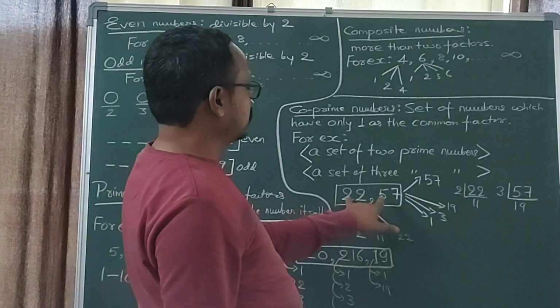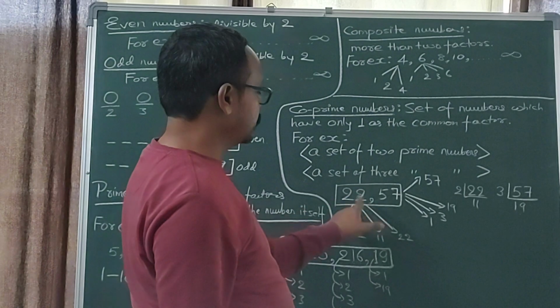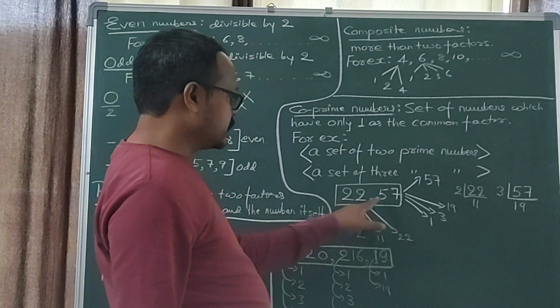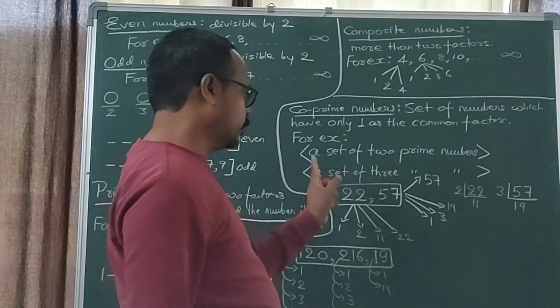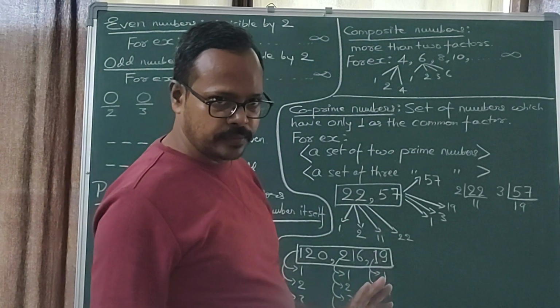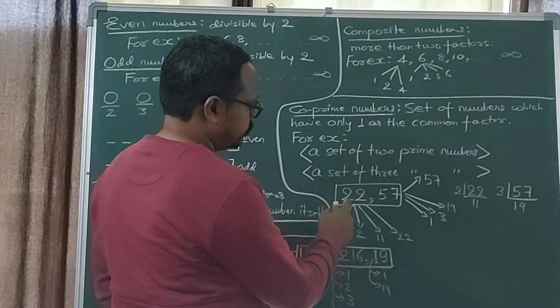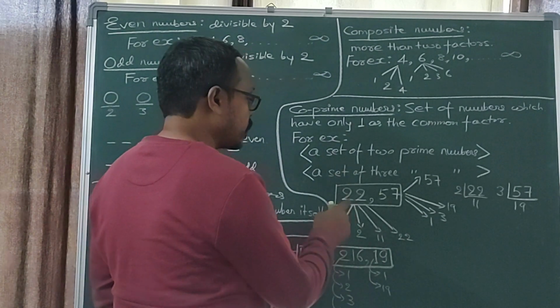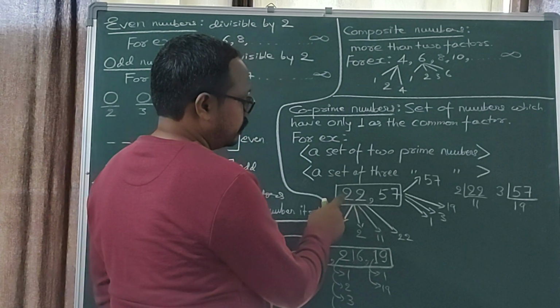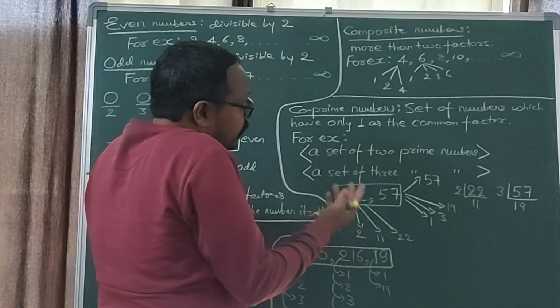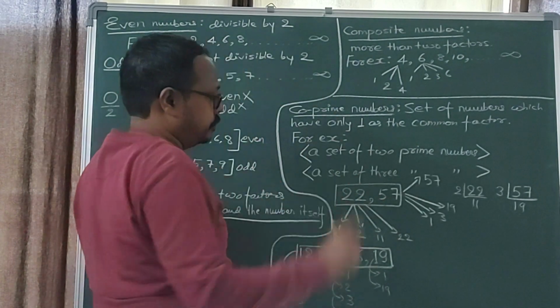But in this case, none of them are prime numbers, neither 22 nor 57. But since there is no common factor other than 1, despite not being prime numbers, they are co-prime.